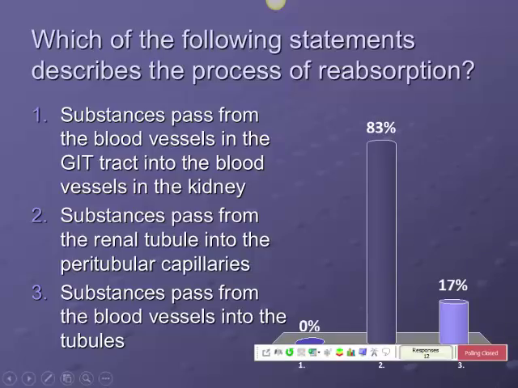Yes, substances pass from the renal tubule into the peritubular capillaries. That's why I show you the video so that you can actually see it passing through, okay? Not that substances pass the other way around. That we'll do now, which is another process known as secretion.